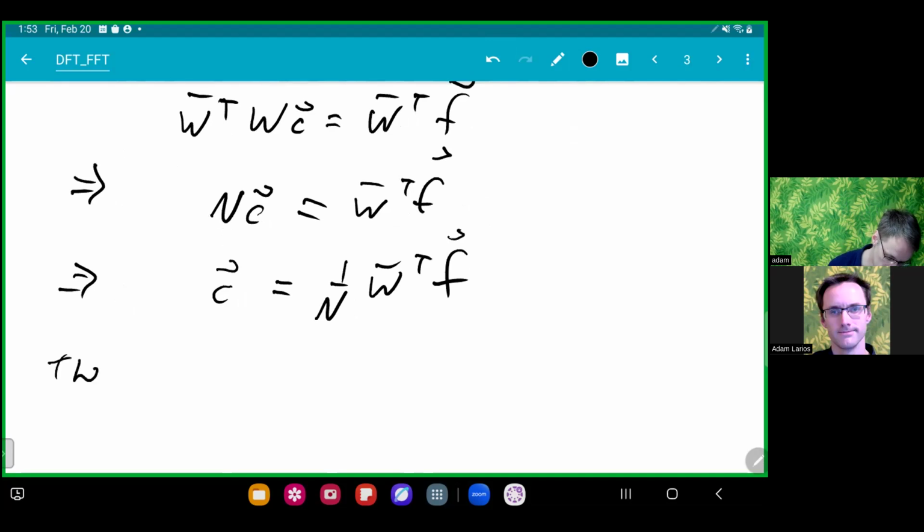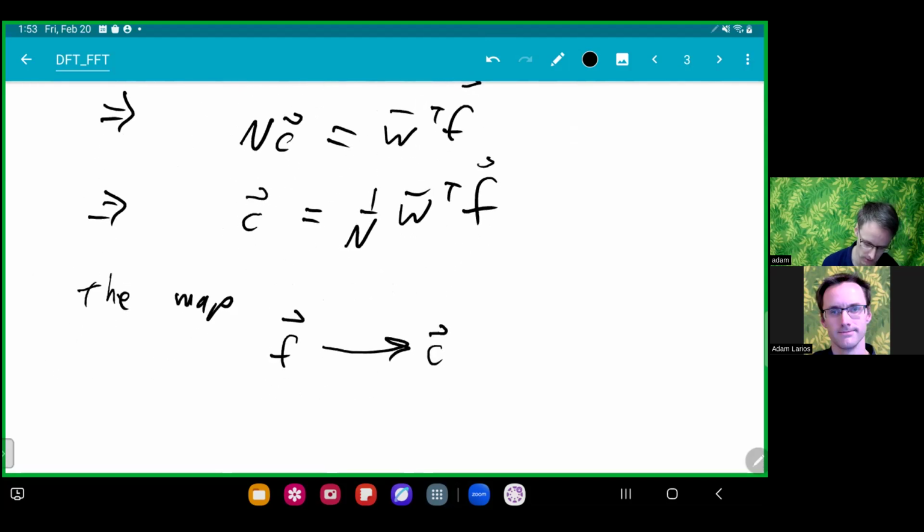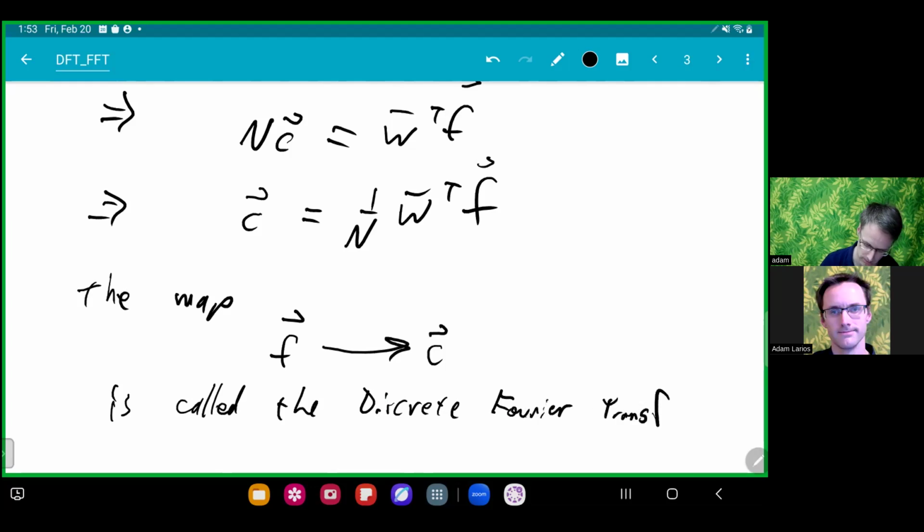So the map from F to C, as defined above, is called a discrete Fourier transform, or DFT. So we want to be clear, it's this map that is the transform.